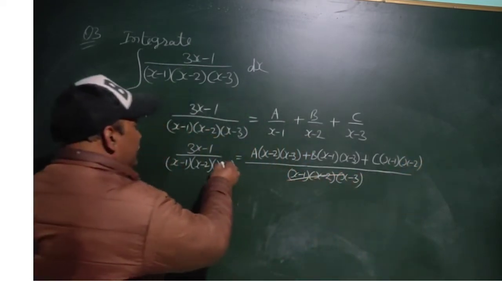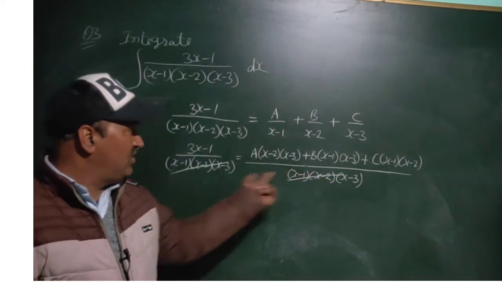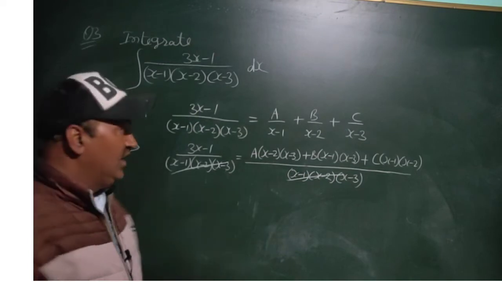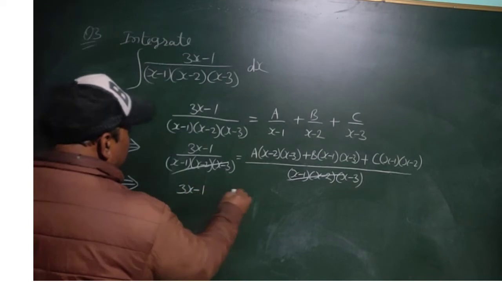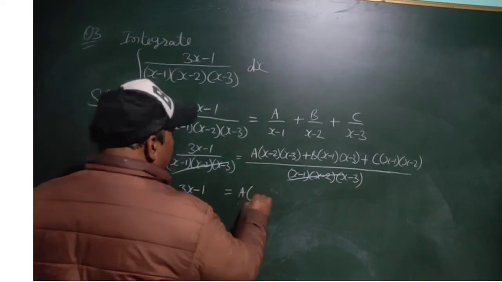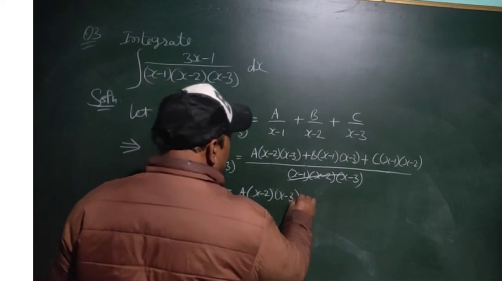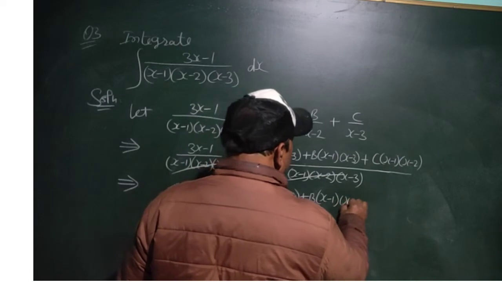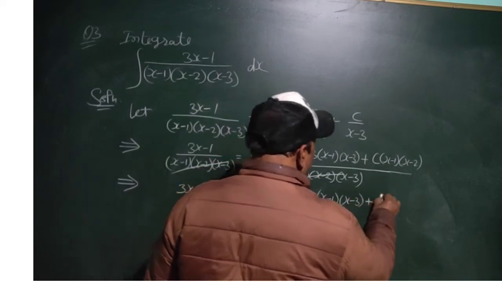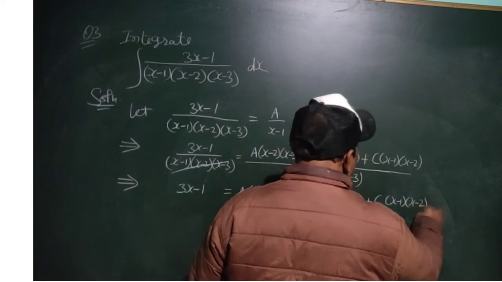Cancelling the denominator by the LCM, since they are the same, we get 3x minus 1 is equal to capital A into (x minus 2)(x minus 3) plus capital B into (x minus 1)(x minus 3) plus capital C into (x minus 1)(x minus 2).